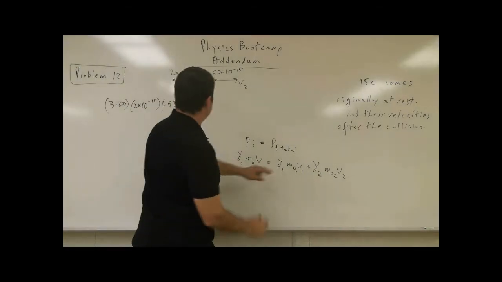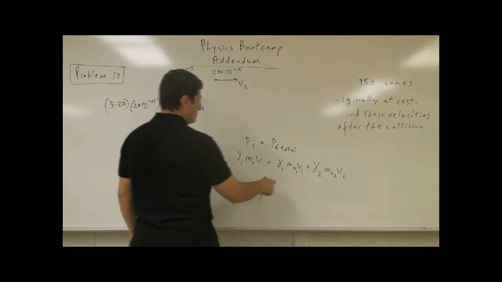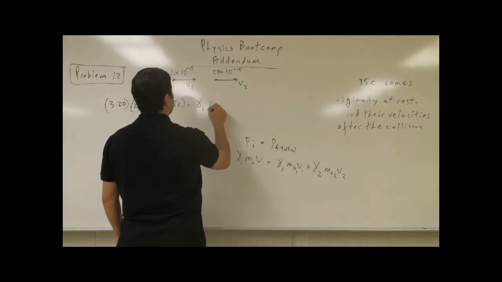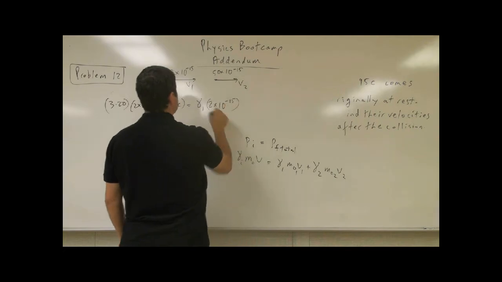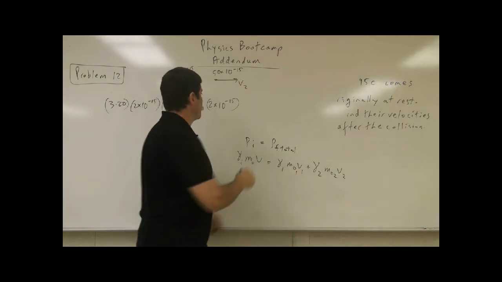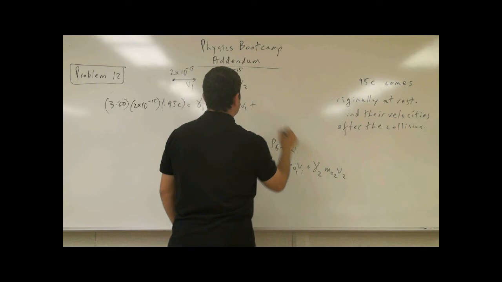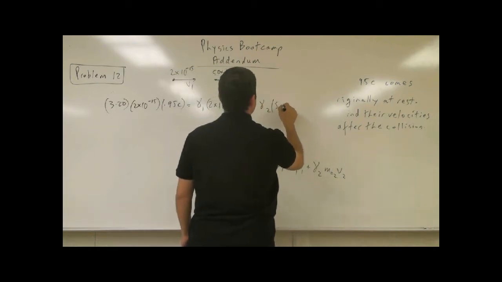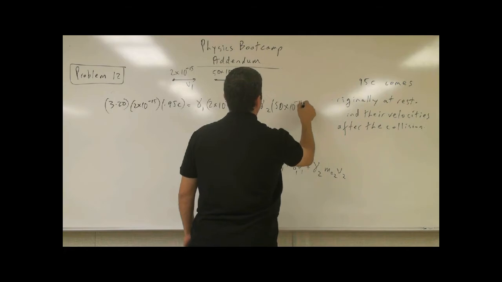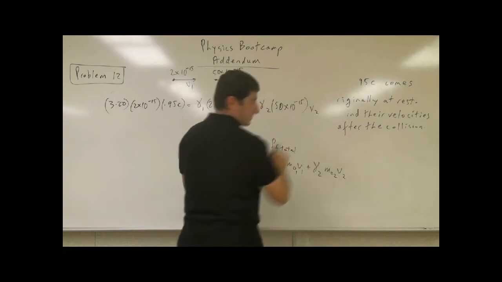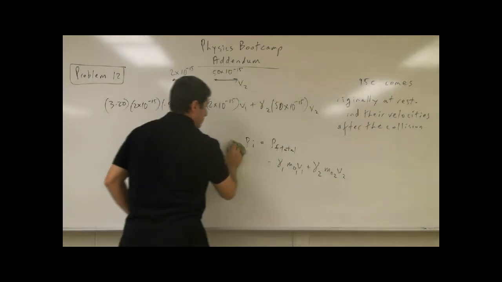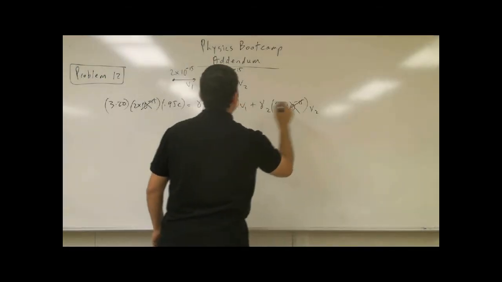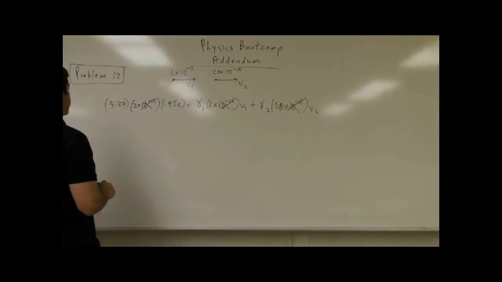And then we have here gamma 1, which we don't know. And then we have here m0, which is 2 times 10 to the minus 15. And then we have v1, which we don't know, plus, and then we have gamma 2, and then this one is 50 times 10 to the minus 15, and then v2, right? What do we have so far? Well, the 10 to the minus 15 cancels out.